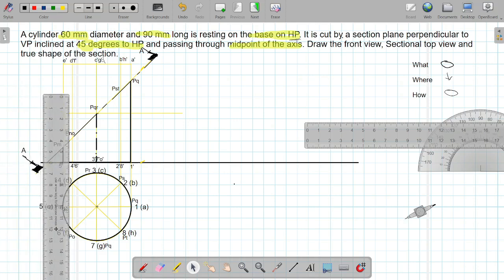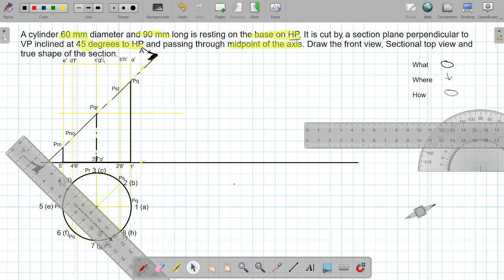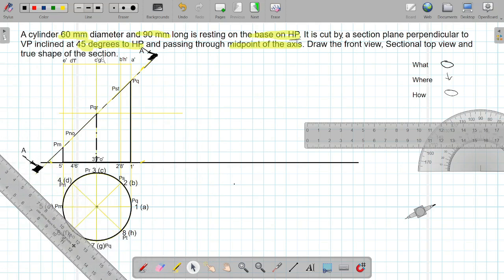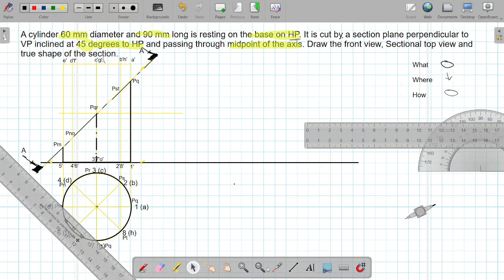Section lines we have to draw at 45 degrees, because in the question it is given to draw a sectional top view. So we will now draw the section lines. The section line should be dark, at 45 degrees, with a gap of around 2 mm, approximately 2 or 3 mm.